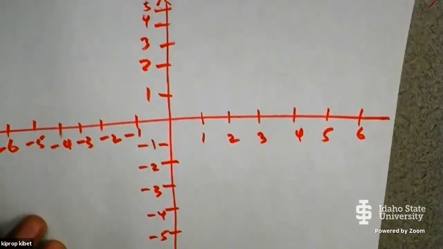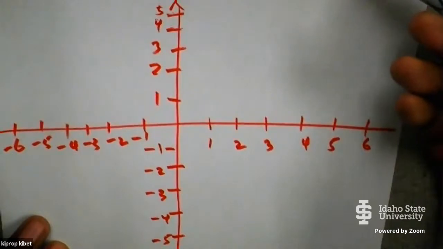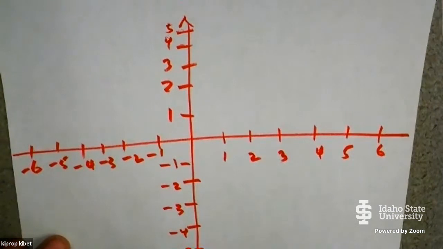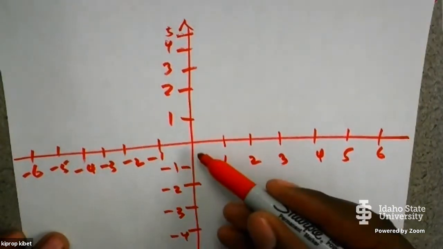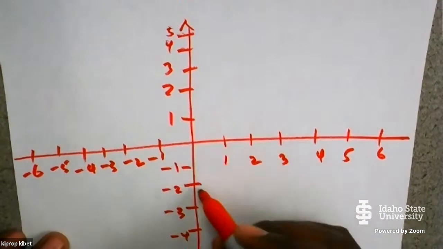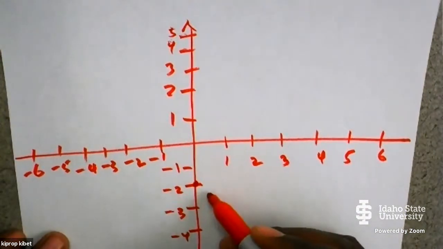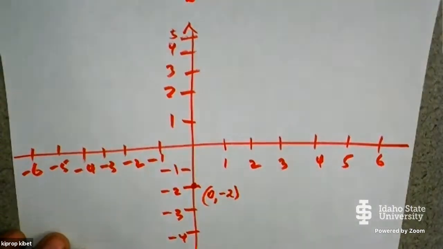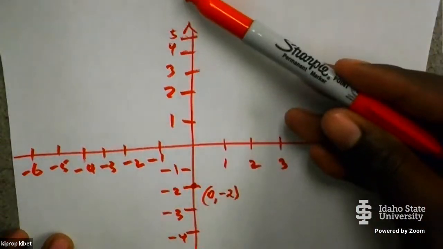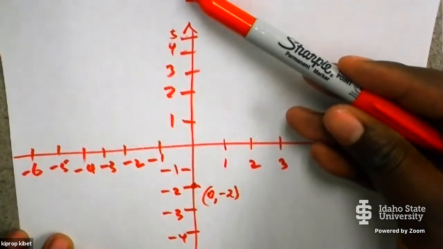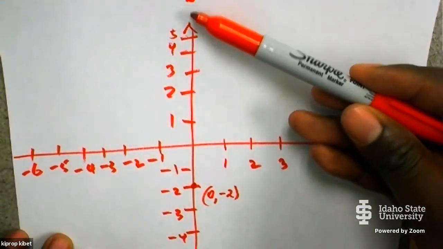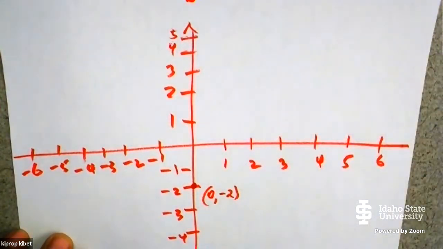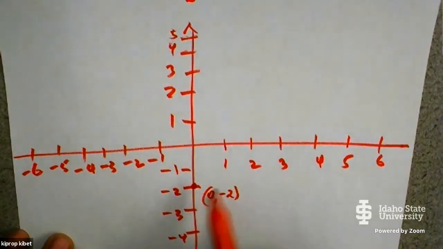Our first point is the y-intercept, which is 0 and what? 0 and -2. So we have 0 here, and then -2. And our slope is what? Negative 5 over 6. So we go 5 steps down.